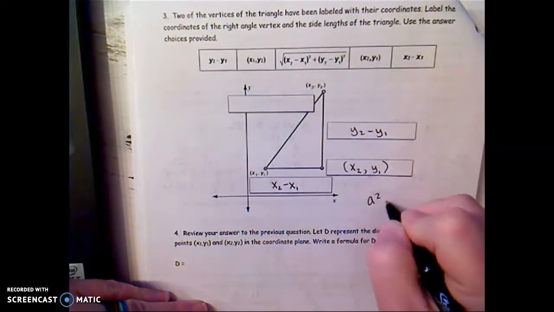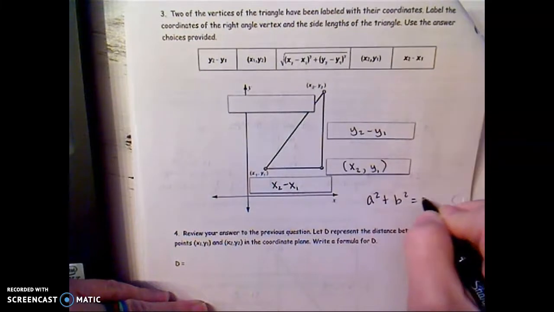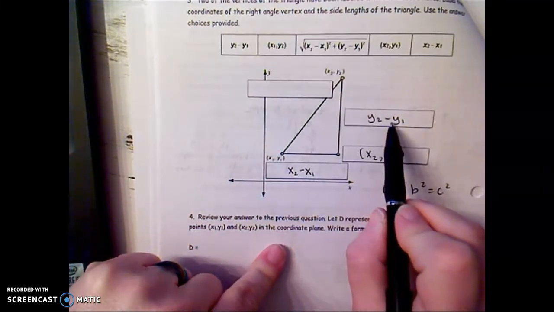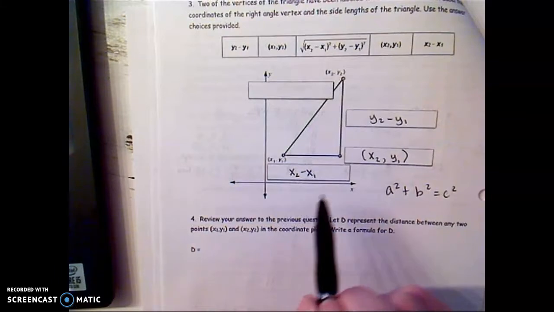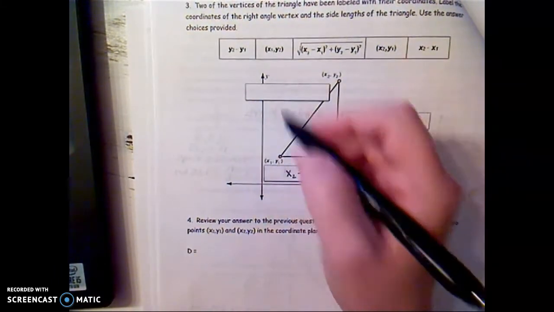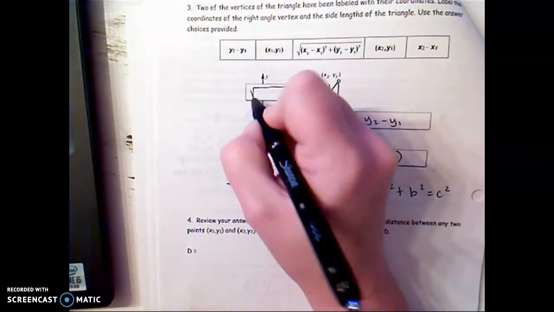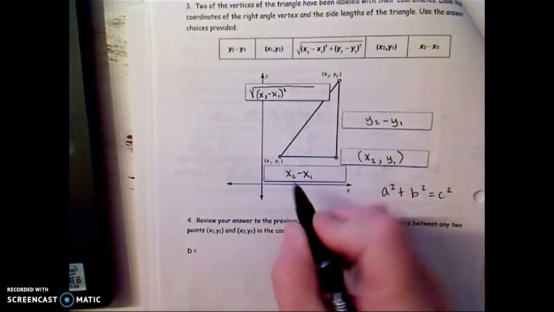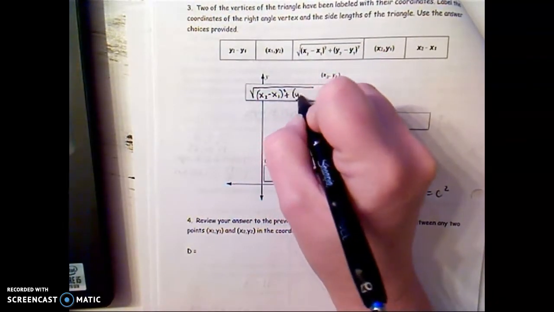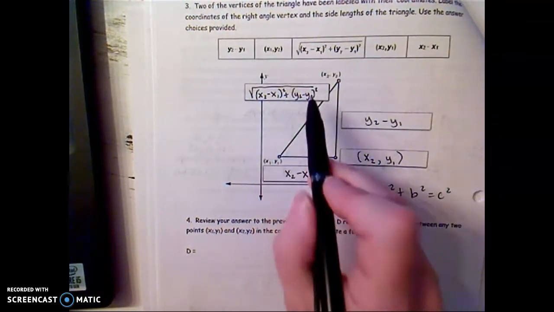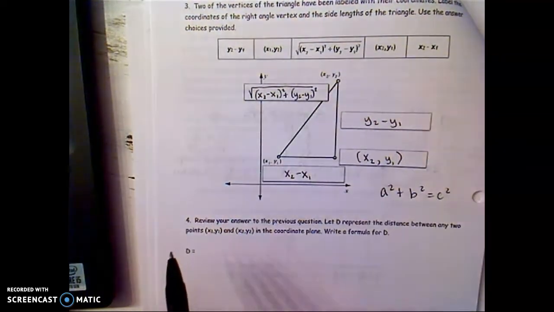Again, if we were to use the Pythagorean Theorem, we would have this squared plus this squared equaling c squared. And we would have to take the square root to find c. So this distance right here would be the square root of x sub 2 minus x sub 1 squared, a squared, plus y sub 2 minus y sub 1, b squared. So that is the distance formula right there.